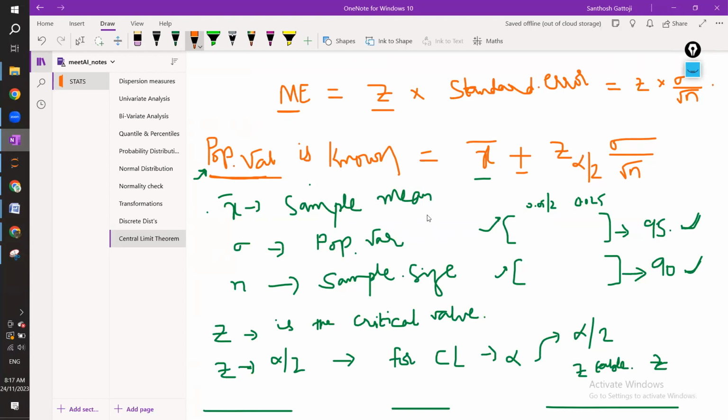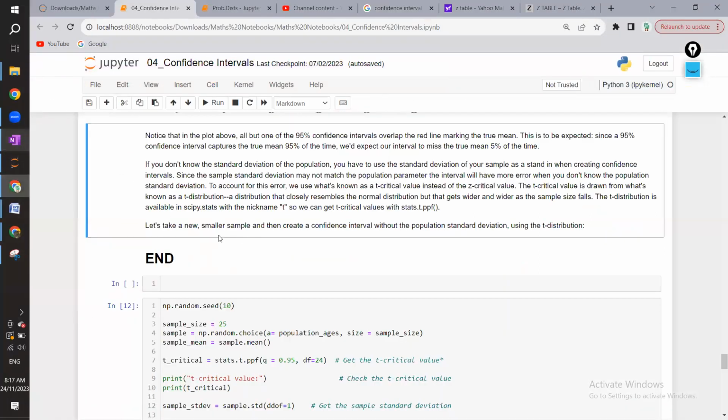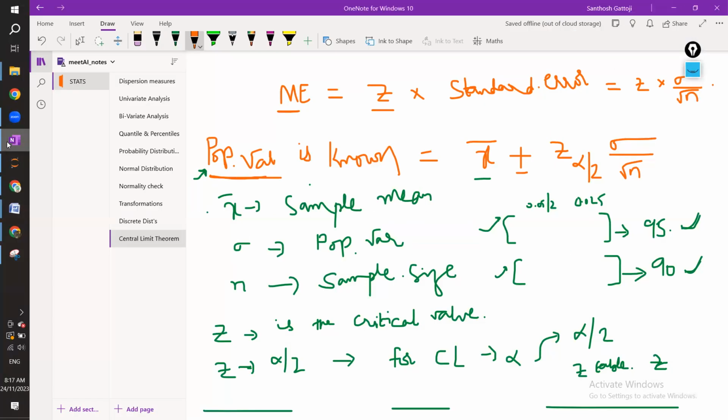But there will be a scenario where you don't know the standard deviation of the population, which we will see in tomorrow's class. There you would go for some other distribution called the T distribution, also called the student distribution. With that we will be concluding the confidence interval concept.